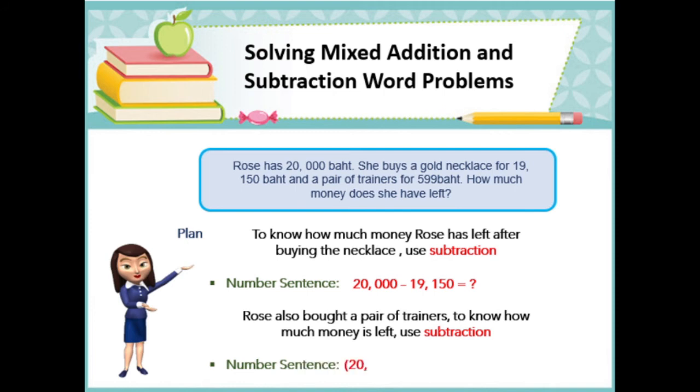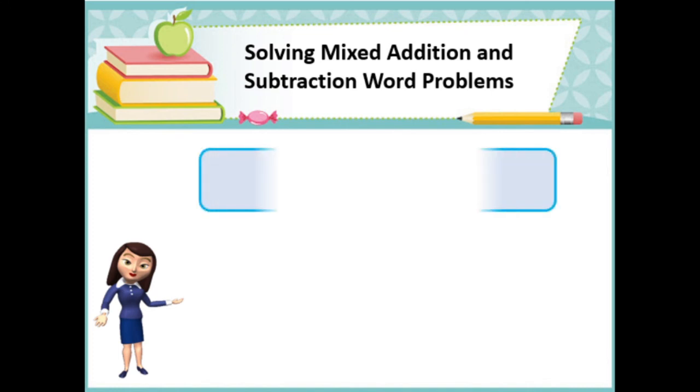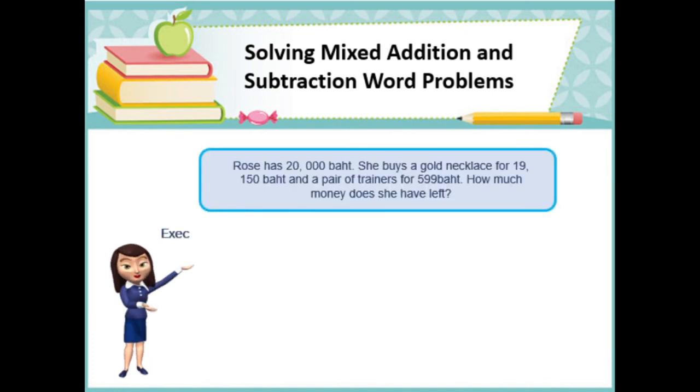That is, open bracket, 20,000 minus 19,150, close bracket, minus 599 equals question mark. This number sentence is what we're going to use for step number 3, and that is to execute the plan.